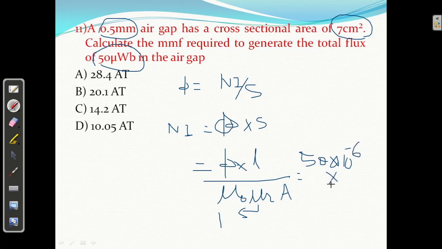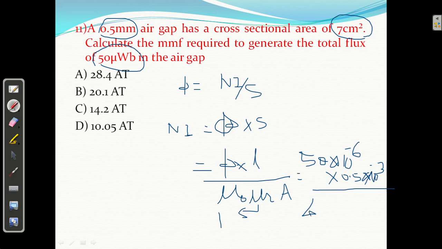Length of air gap is given, 0.5 milli, which means 10 raised to power minus 3, into 0.5 into 10 raised to power minus 3. Clear?